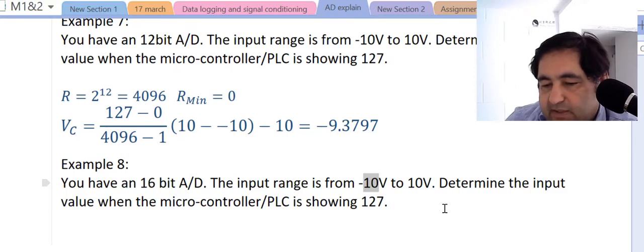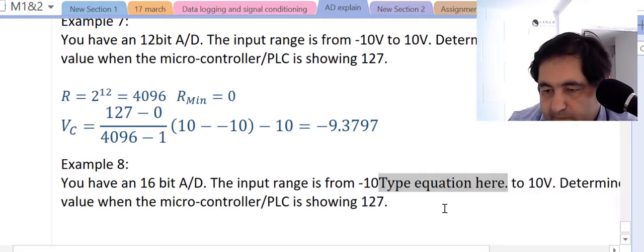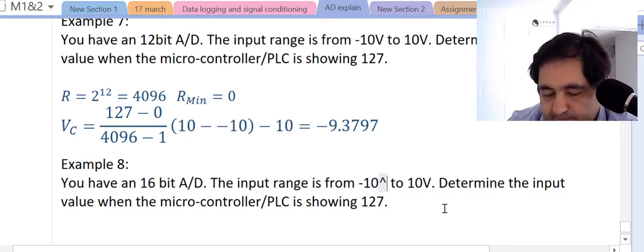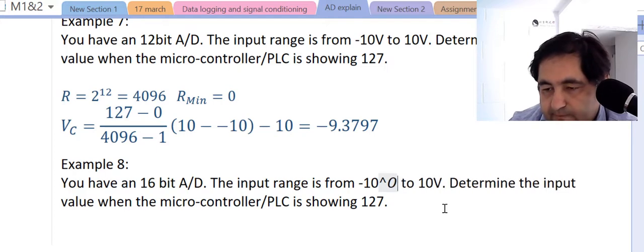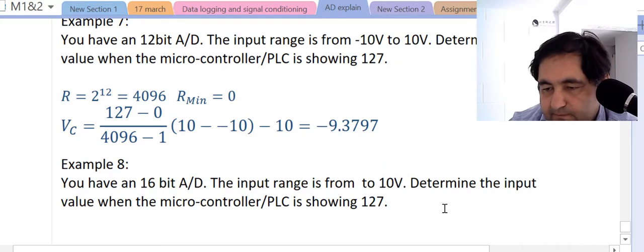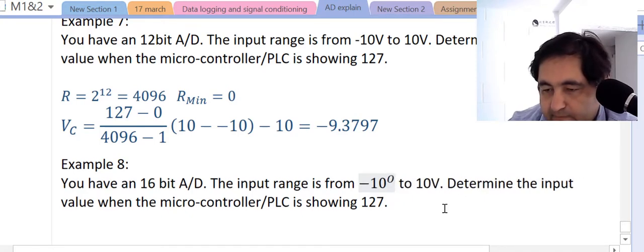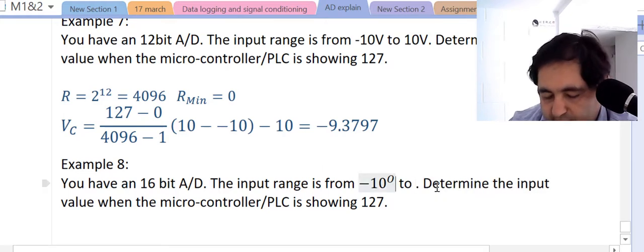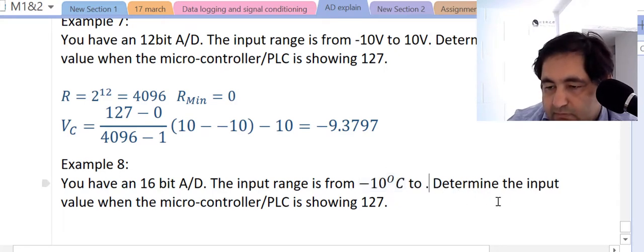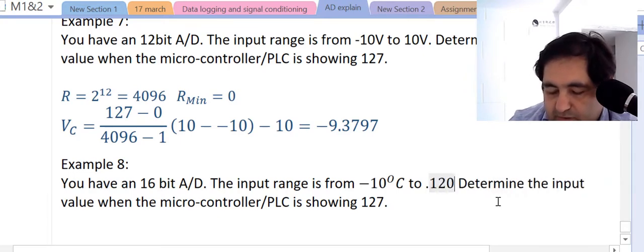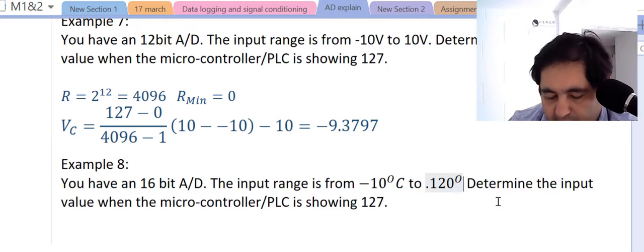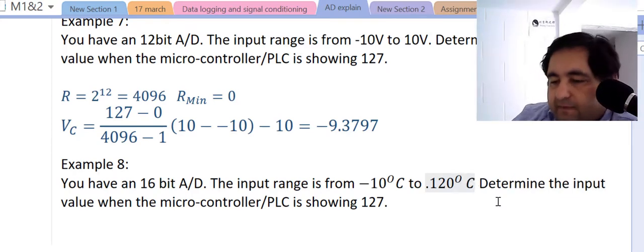So this time, let's say that the input range is, for example, from -10 degrees of Celsius to, sort of completely odd numbers, 120 degrees of Celsius. Okay, so we have a sensor.